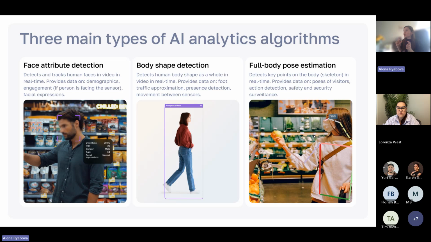It is usually used to understand poses of the visitor, how they are moving, if they're doing something the needed way. Body shape detection and full body pose estimation are almost the same. They are close, and various solutions use either one of these, and you can choose according to your needs and what you think is better for you.